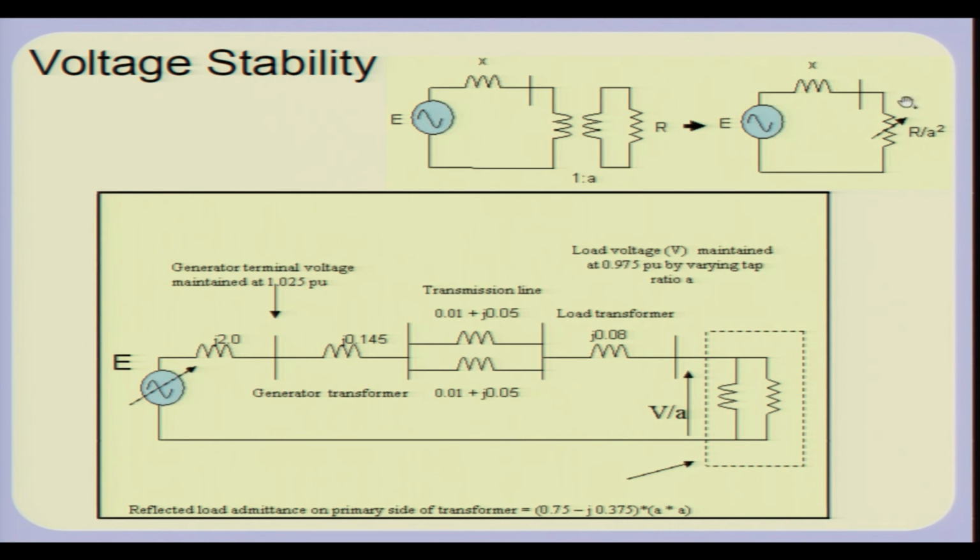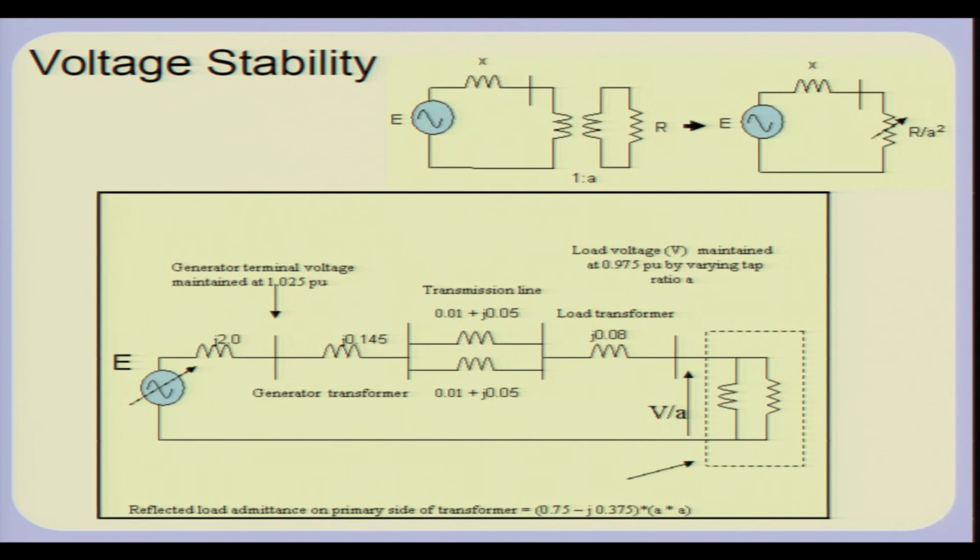But in case R by A square falls below the value of X, the voltage here will start falling, which is also the same as the voltage here, and any action taken by the tap changer, which increases A if the voltage here falls, will worsen the situation.